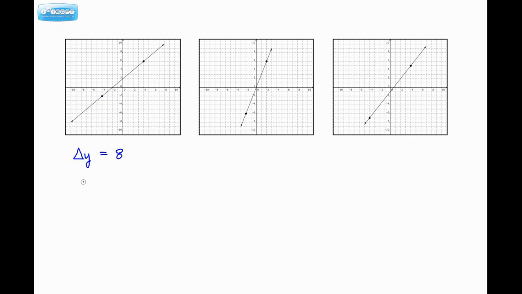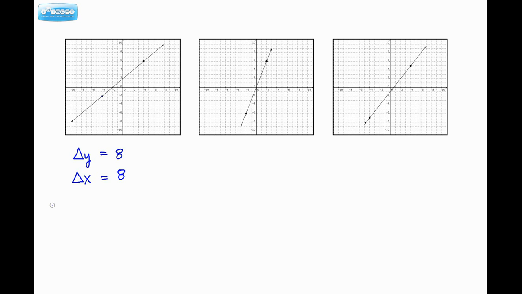Now we want to figure out the change in x. Okay, so starting at the leftmost point, to get to this point horizontally, we go 1, 2, 3, 4, 5, 6, 7, 8. Okay, that lines up there. Specifically, positive 8, because we went to the right.